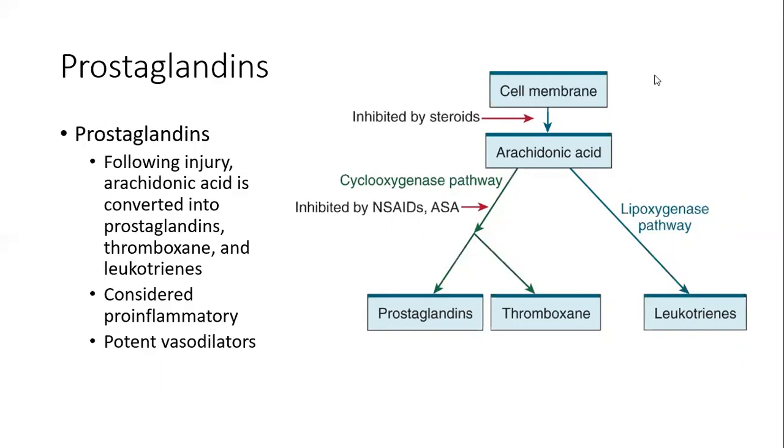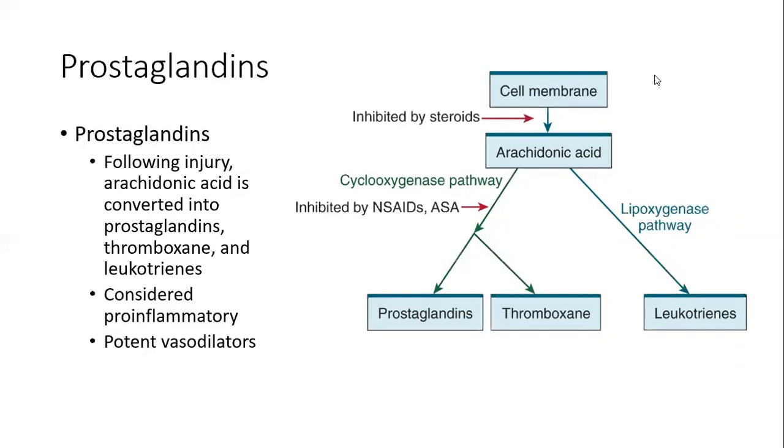So now how this works is, following an injury, arachidonic acid is converted into prostaglandins, thromboxane, and leukotrienes. It's considered a pro-inflammatory set of chemicals, and they're very potent vasodilators.